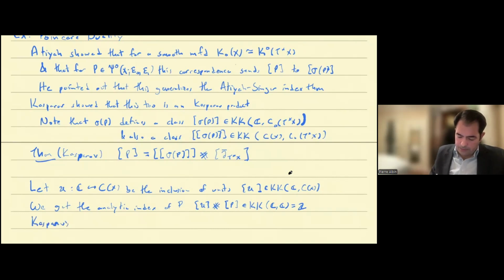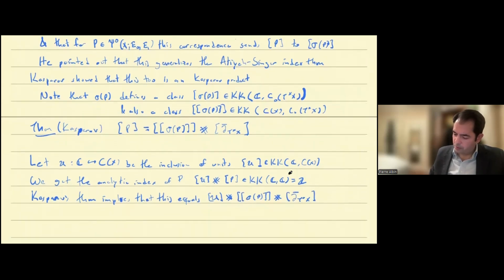Kasparov's theorem implies that this equals the corresponding product with this double bracket symbol class.